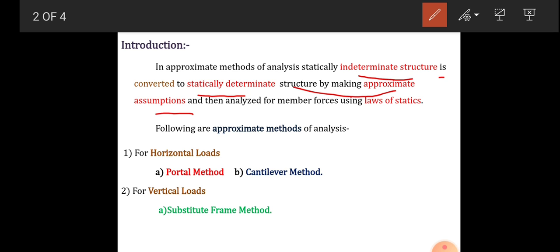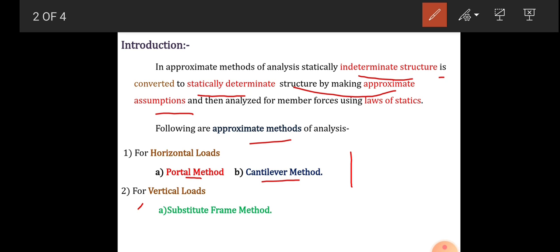So there are two methods for the horizontal load: one is the portal frame method and the other is the cantilever method. And when a vertical load is acting on the frame, in that case it may be UDL on the beam, the substitute frame method is there.